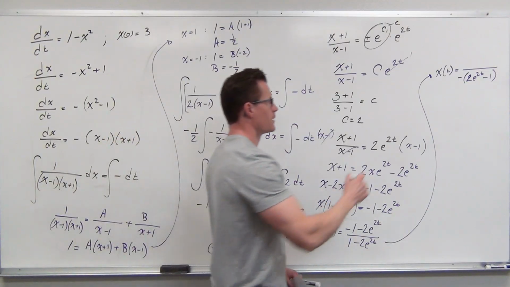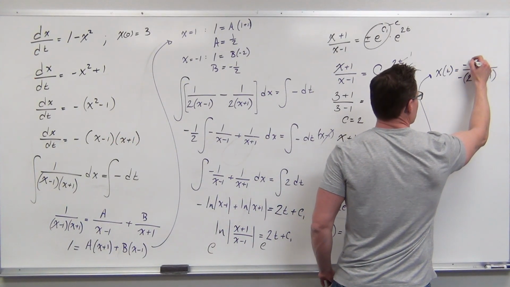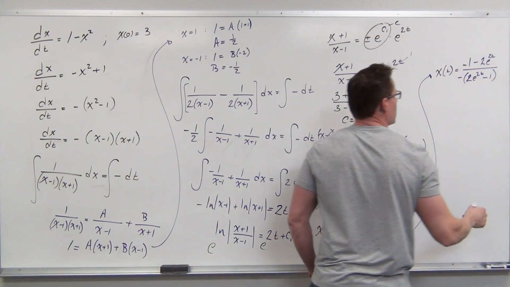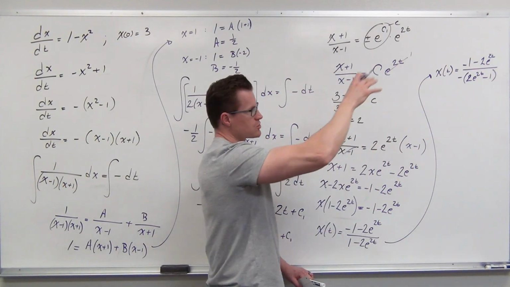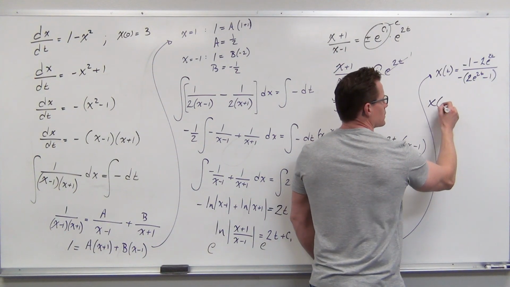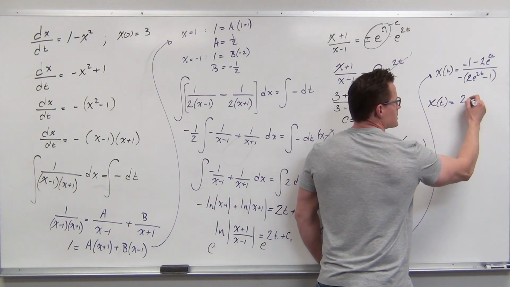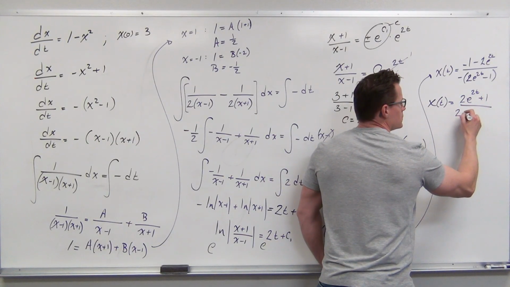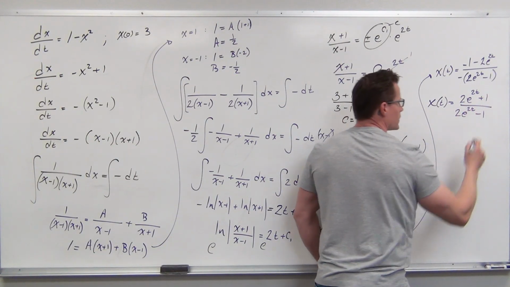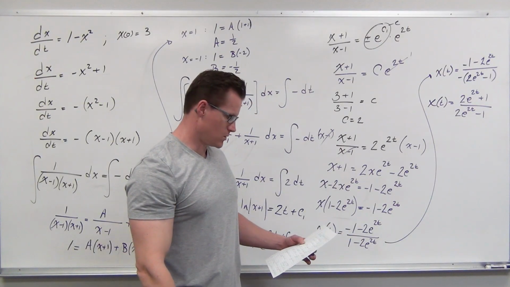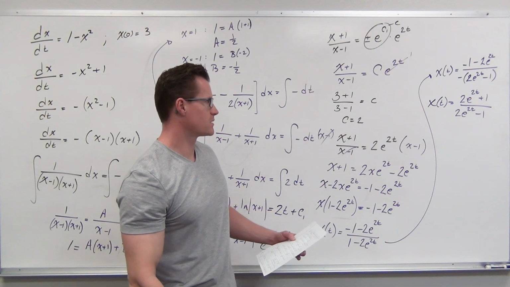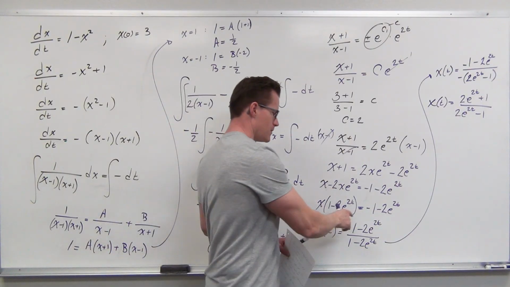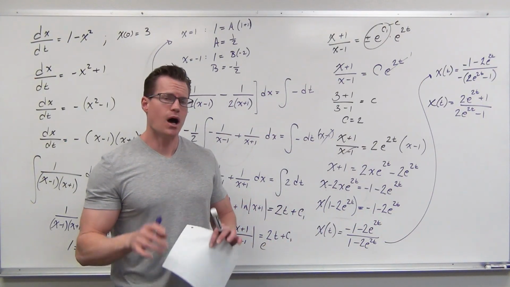Yep, that would work. And then I'll run that through the numerator. So I'll distribute that on the numerator. And our function can look quite a bit different here. We could get positive 2e to the 2t plus 1 over 2e to the 2t minus 1. That might look a lot nicer for you. A little bit easier to plug numbers in, kind of see what's going on with that. So if your problem is not looking exactly the same, you have a lot of negatives, sometimes it's nice to do. I hope it's making sense.